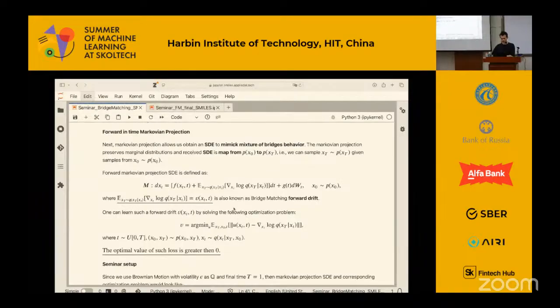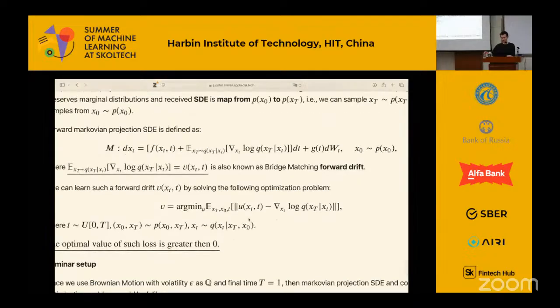Yeah, so the overall final optimization problem that we would solve will have this view, which is the expectation over xt and x0, where they are sampled from the distribution of p on x0 and xt, and you sample t from a uniform distribution on time between 0 and 1, just like in the flow matching case, and you solve a regression problem, just as in the flow matching case, but the regression target is a bit different than in the flow matching case.